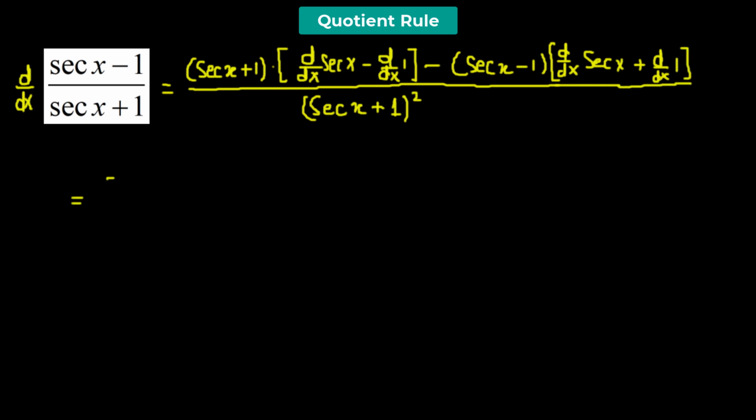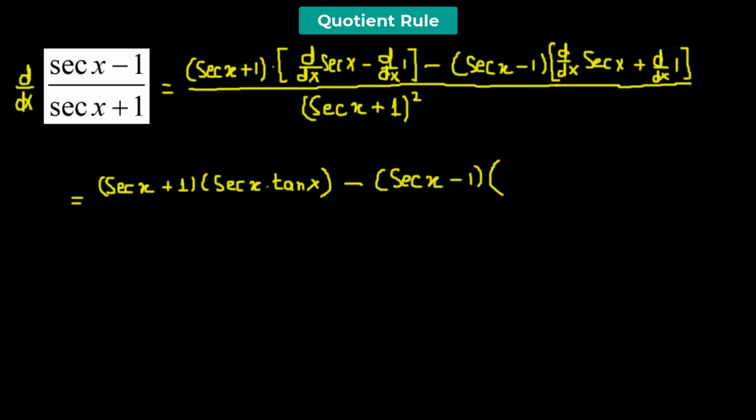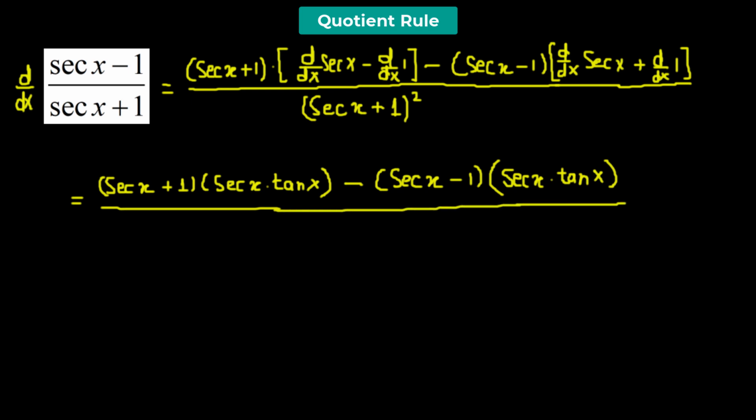which will be equal to secant of x plus 1 multiplied to derivative of the secant function, which is secant of x times tangent of x, the derivative of 1 is 0, minus secant of x minus 1 multiplied to derivative of secant of x, which is secant of x times tangent of x plus derivative of 1 is 0, divided by secant of x plus 1 whole square.